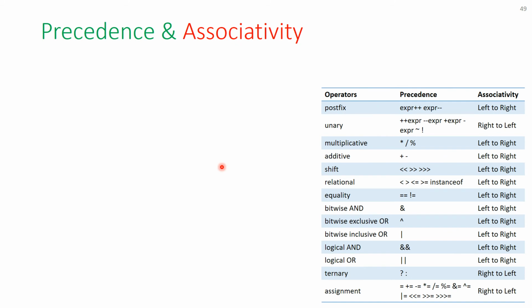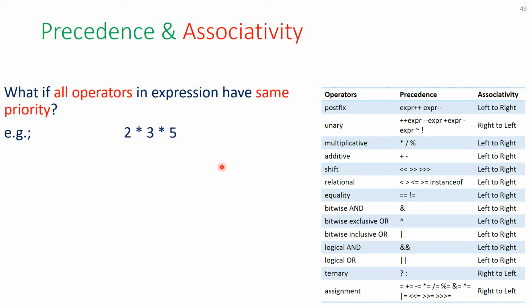The second property, associativity, this is the one that has to do with what if I have just a bunch of addition? Do I go left to right? Do I go right to left? Does it even matter? So the third column of this table tells you, for each of the operators that are ranked in order of precedence, what their associativity is going to be.